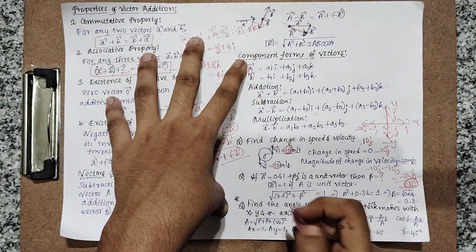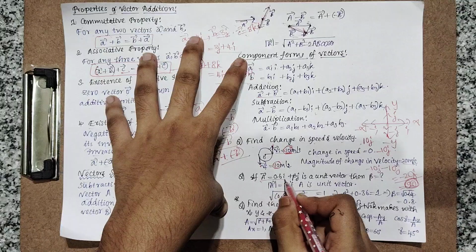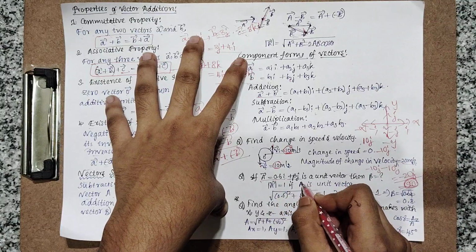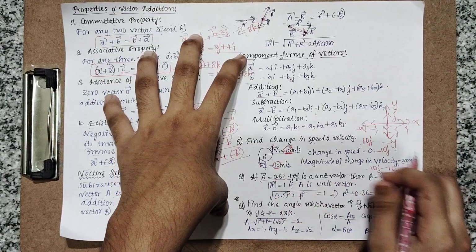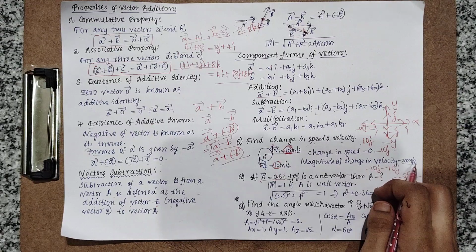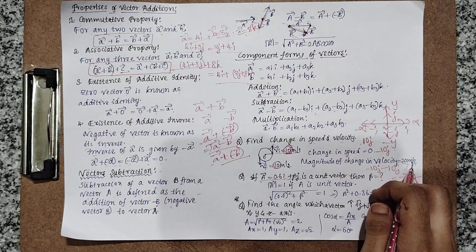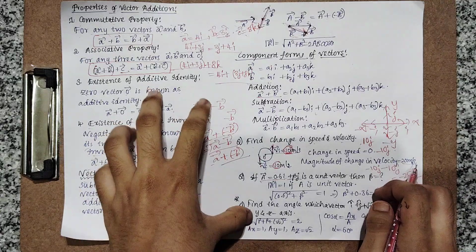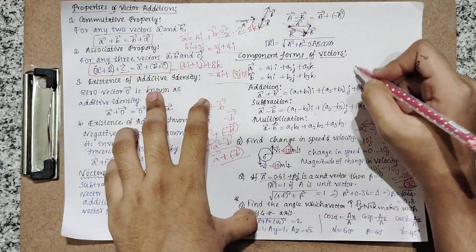And see, here a bar is equal to 0.6 i plus beta j, which is a unit vector. Then we have to find the value of beta. What is meant by unit vector? Its magnitude is always equal to 1. See, how can you calculate this magnitude?